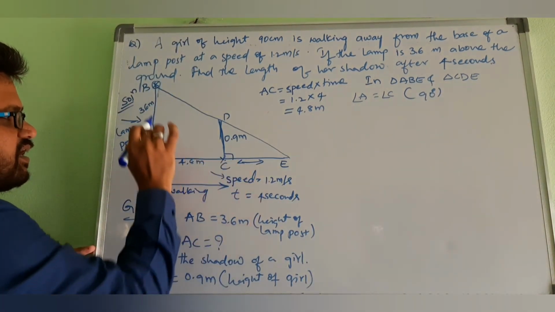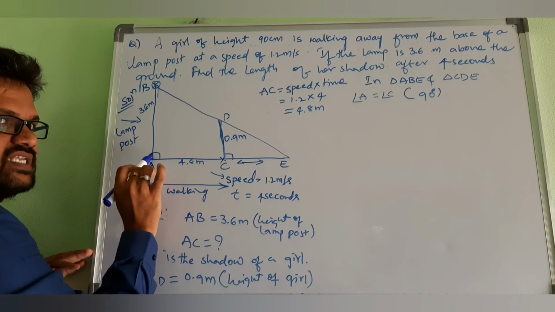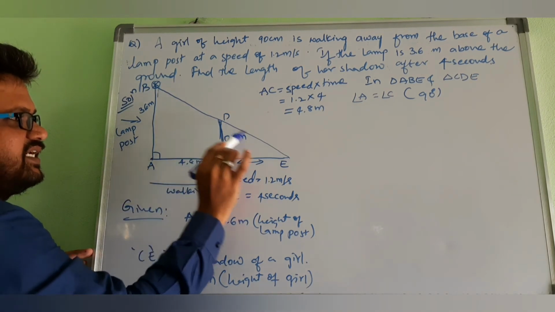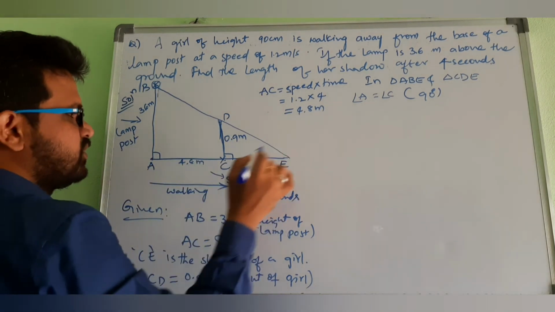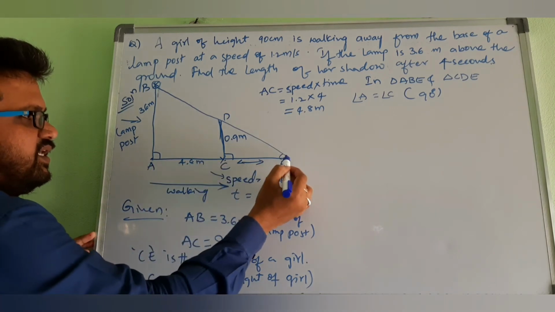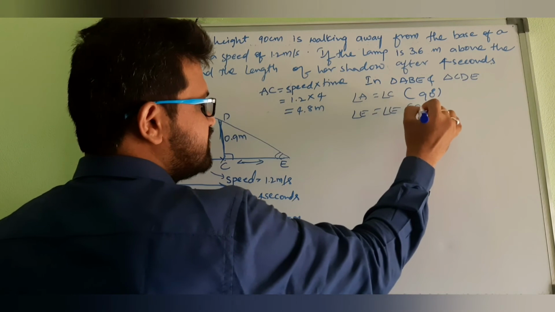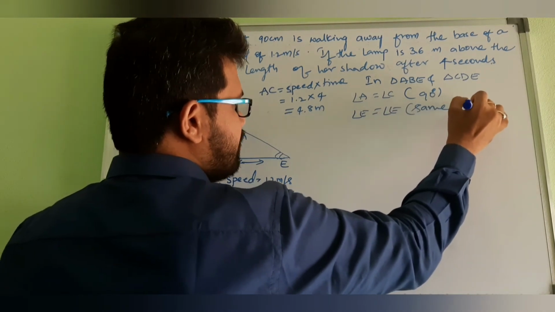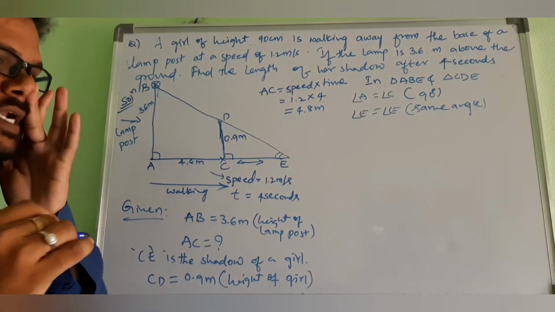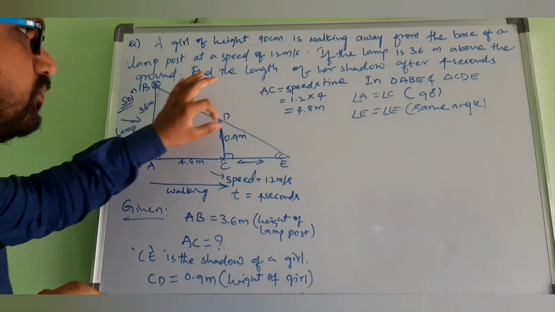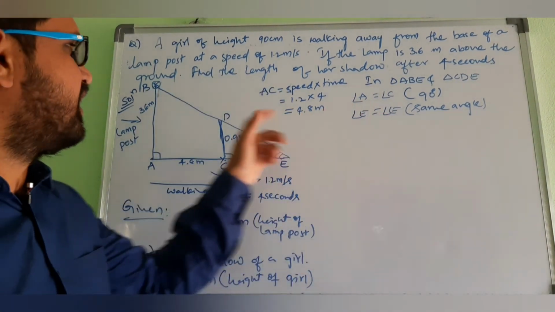In the big triangle ABE, A is 90 degrees, and in triangle CDE, C is 90 degrees. Next, angle E is equal to angle E, the common angle in both triangles. And as usual, the third angle is equal.